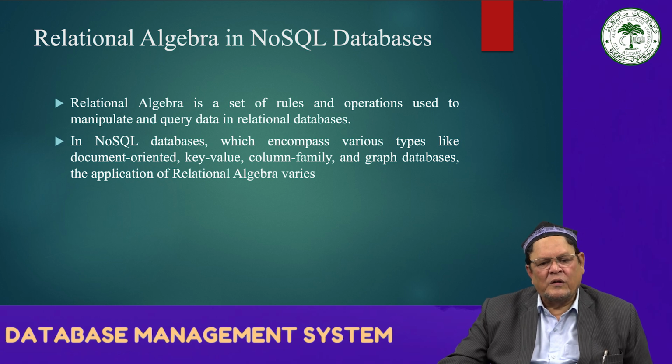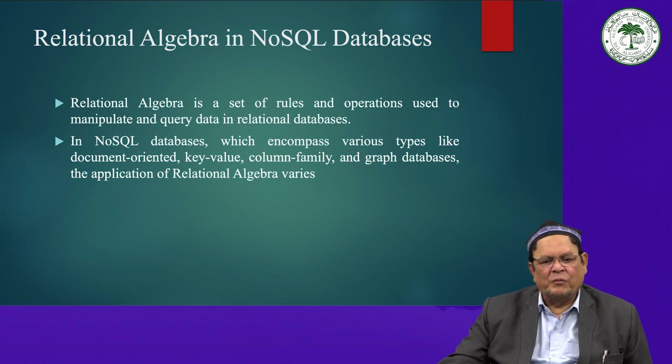Some other examples of it are document oriented databases like MongoDB, where relational algebra operations like selection and projection can be adapted to query and manipulate data. Graph databases, for example, Neo4j.